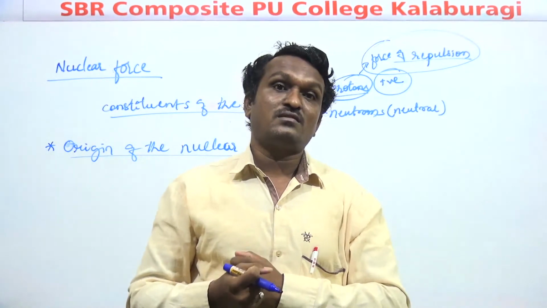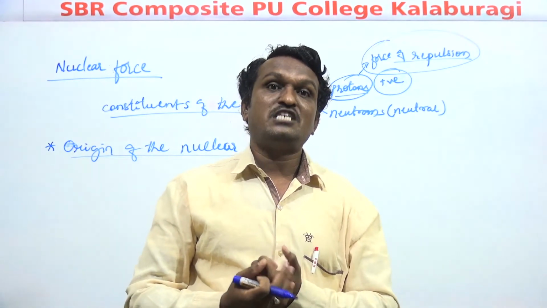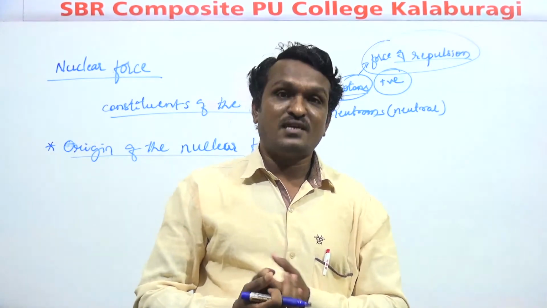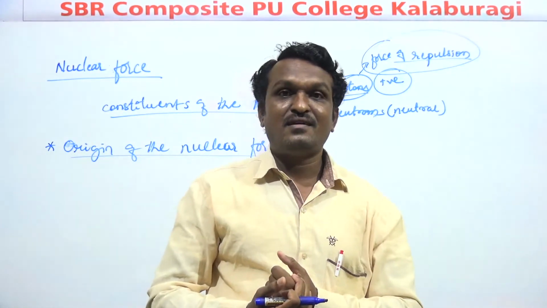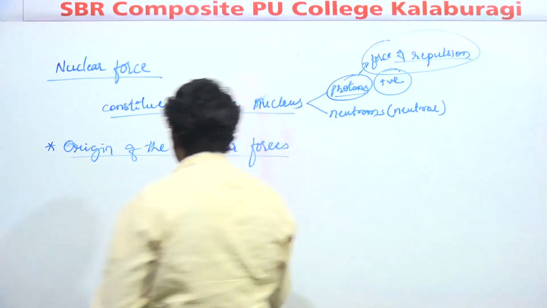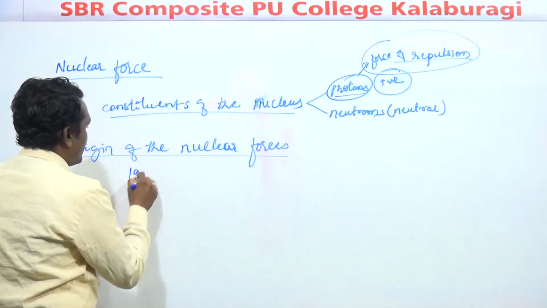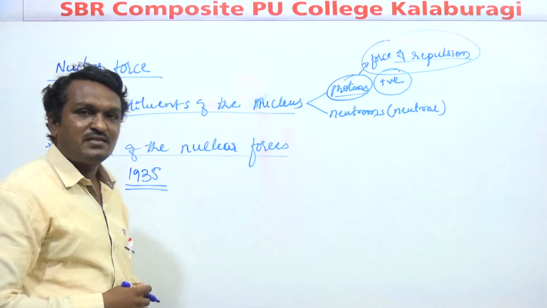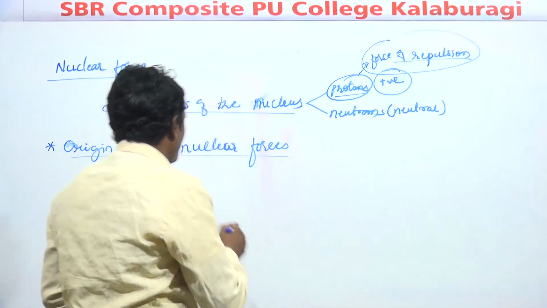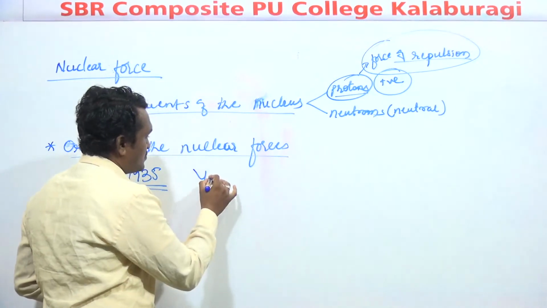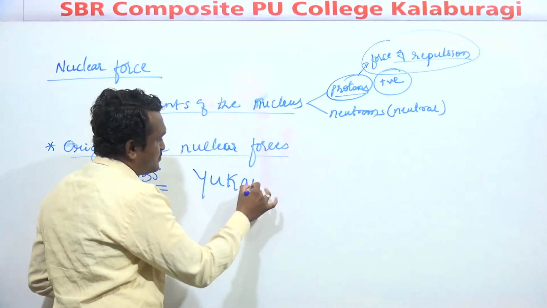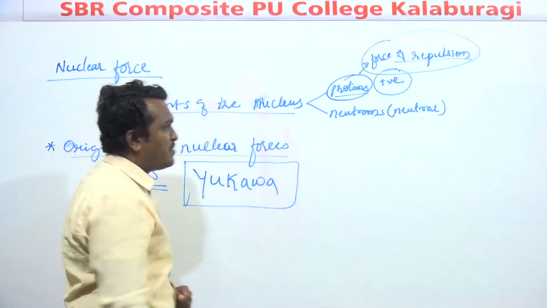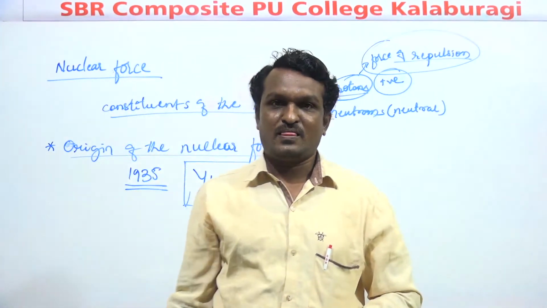How was this question successfully explained? By a Japanese scientist in the year 1935, by the name Yukawa.